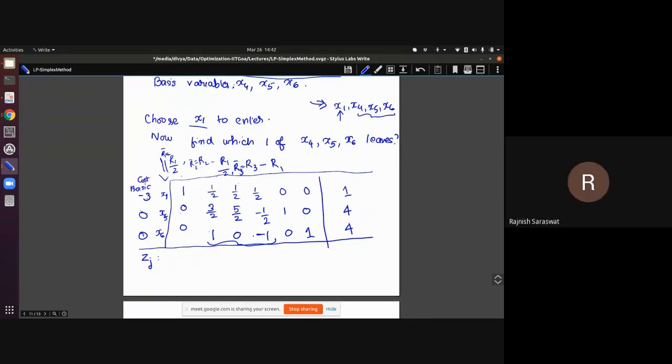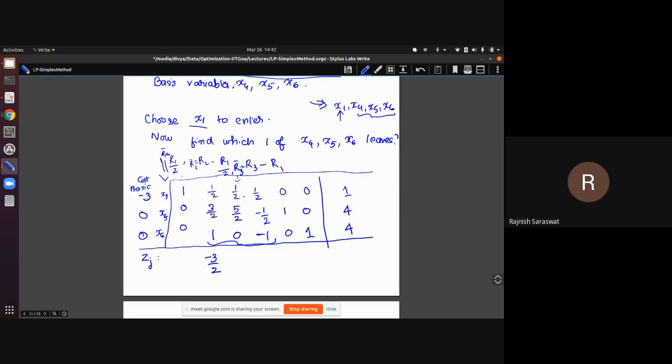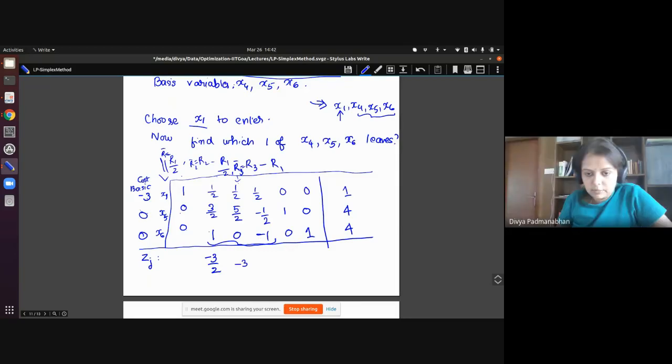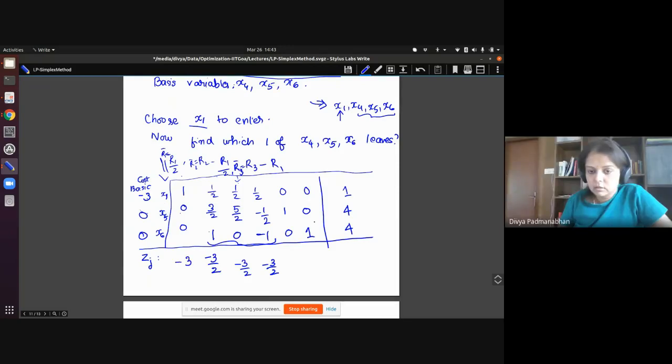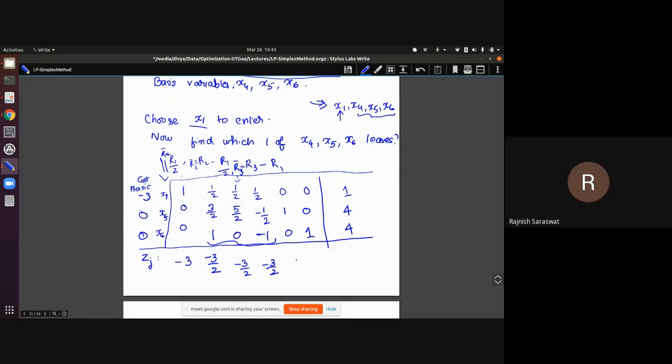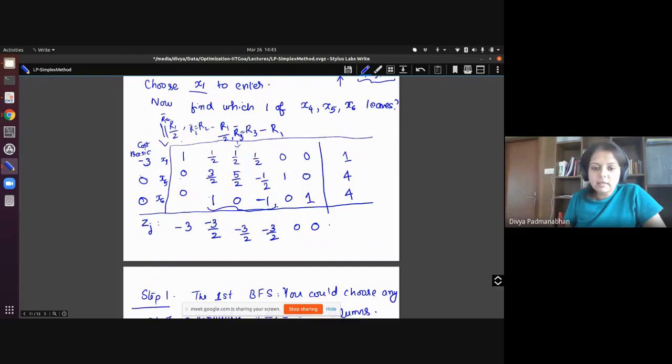So minus 3 by 2. For the third column, same here, minus 3 by 2. And for the basic variables, minus 3, 0, 0.